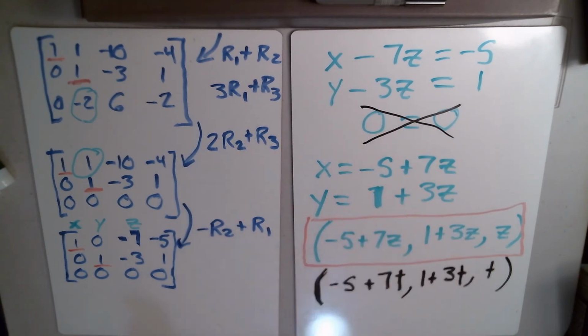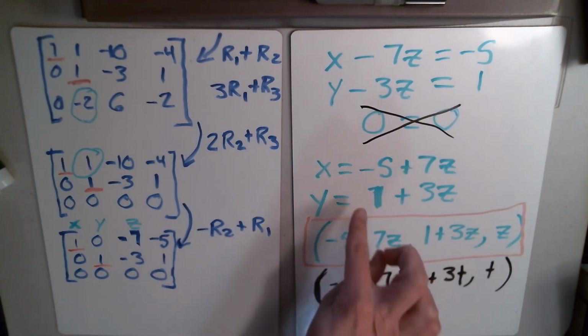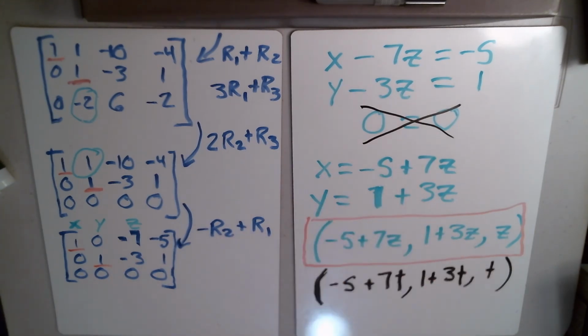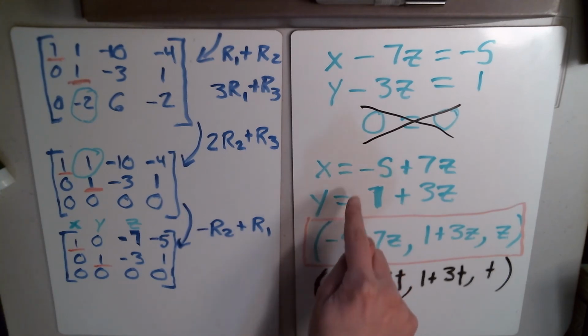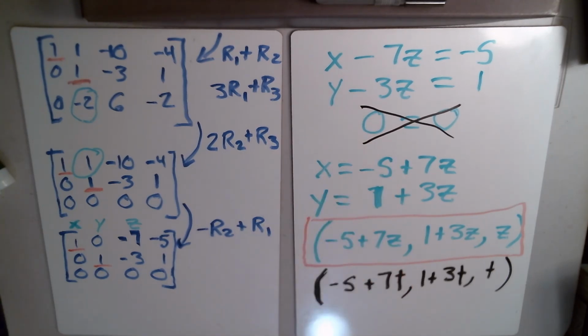In this case, we don't get any number for z, right? If you do get numbers for x and y and z, then you're done. There's just that one solution. But in this case, there were equations for x and y in terms of z, so there's infinitely many solutions.